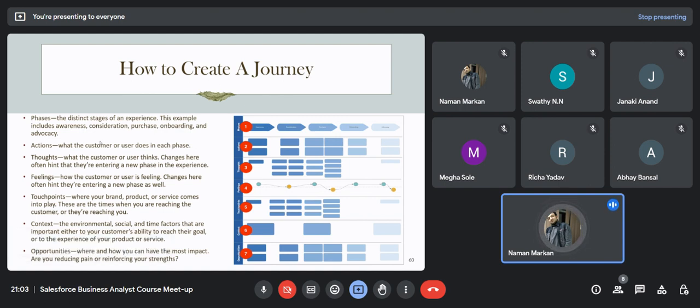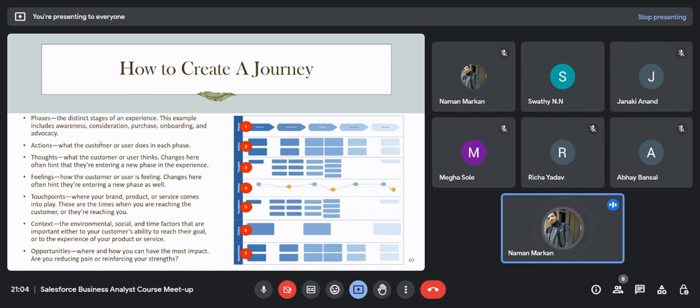Thus you have an opportunity to convert that particular lead into a client, or you win a particular opportunity. So where and how you will do it, with the help of certain touch points, with the help of managing feelings, or by ensuring that the thoughts of the customer are taken care of by you, so that they get a full understanding of your product or process. This is how you build a customer journey, or this is how you can create a journey.